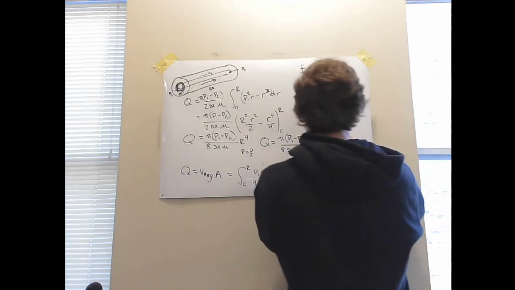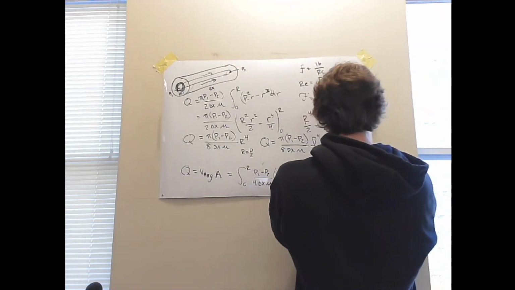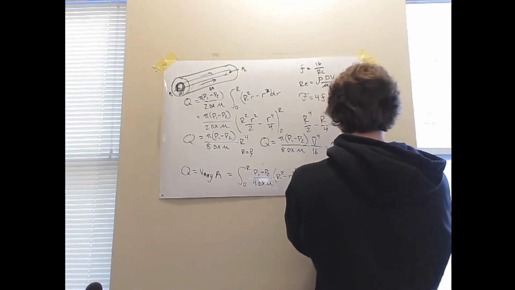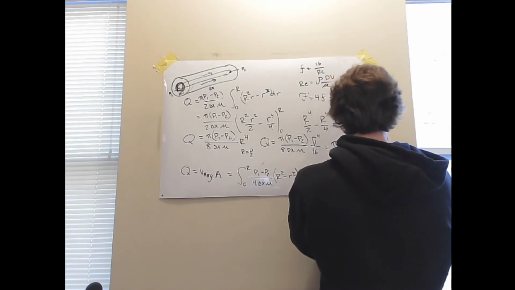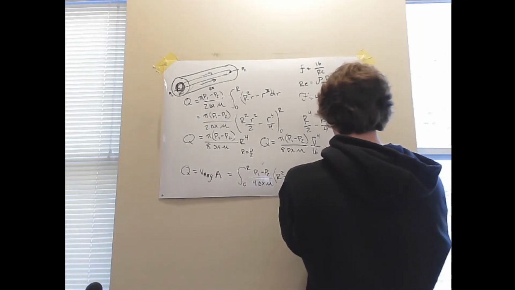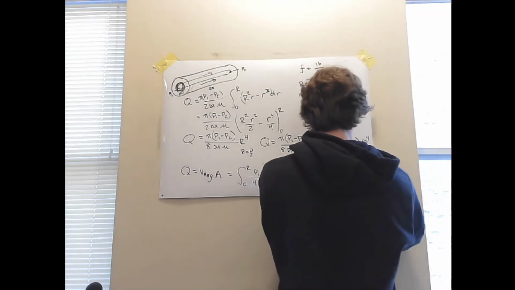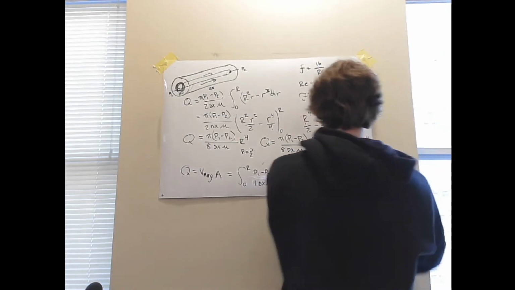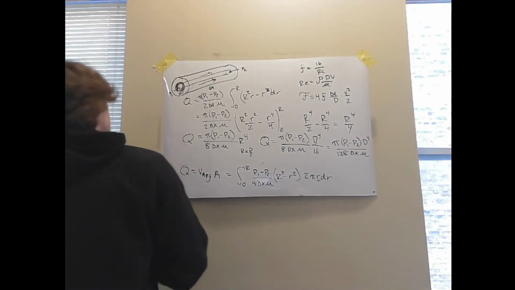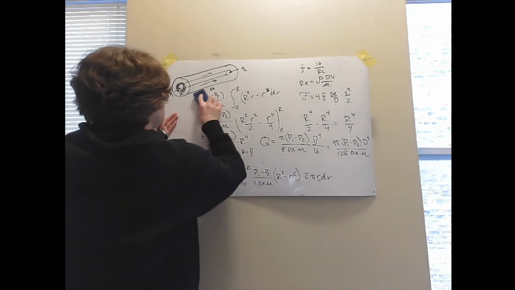And so this gives us pi times P1 minus P2 times d to the 4th over 128 times delta x times mu.